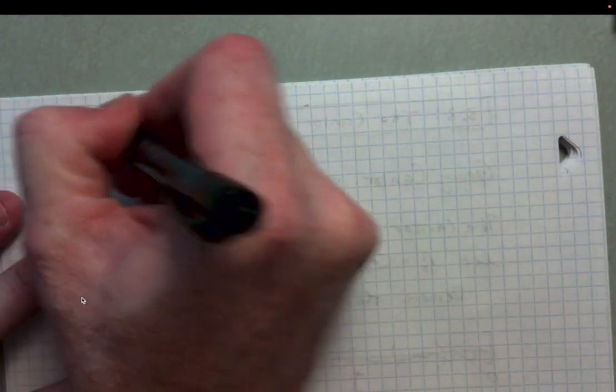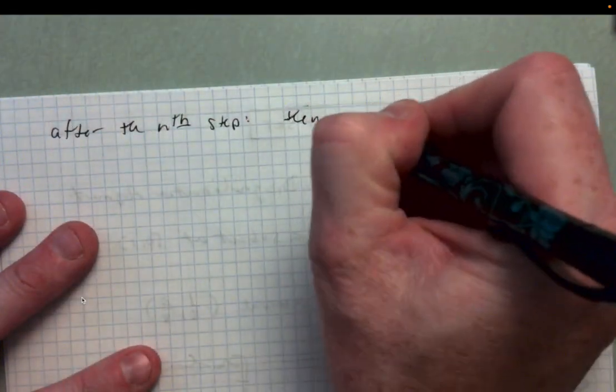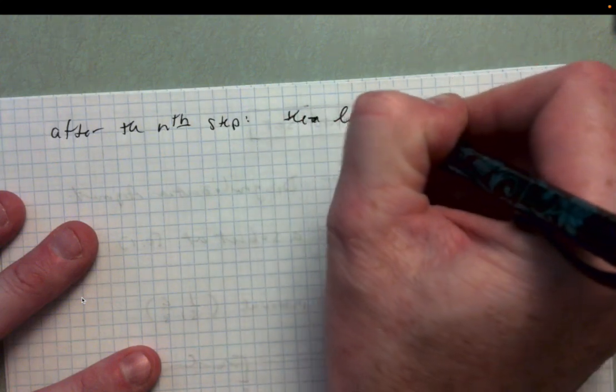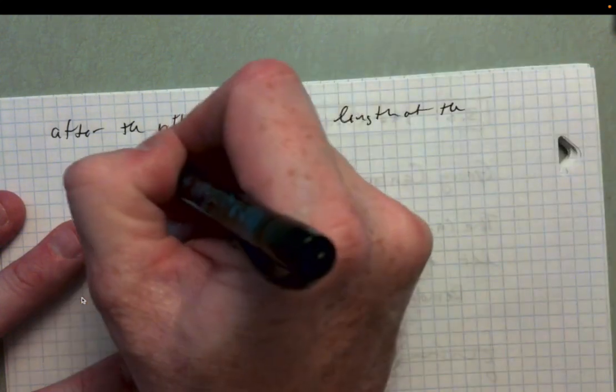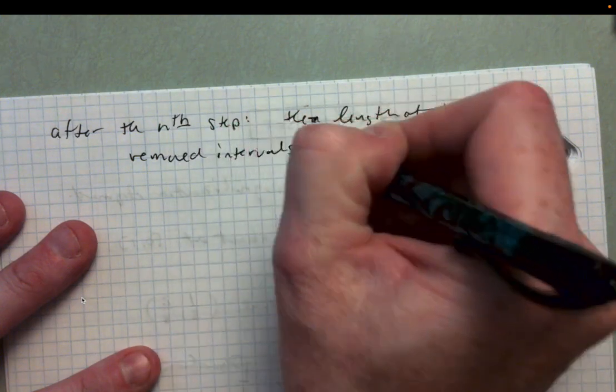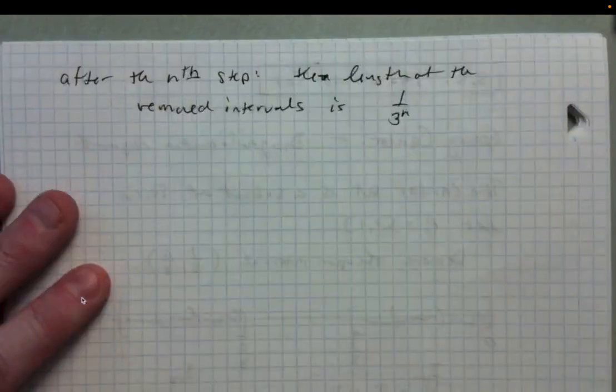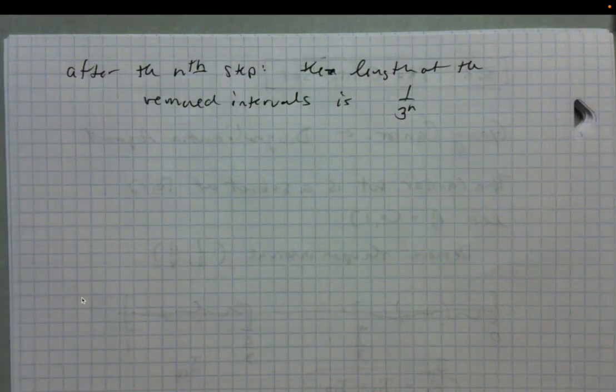So after the nth step, the length of the removed intervals is 1/3 to the n, right? That's the length of the removed intervals.